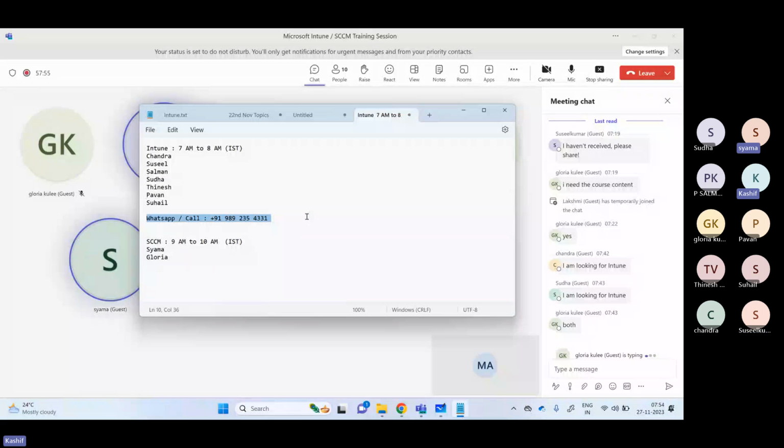From Intune, you can deploy policies and applications to the devices no matter where the devices are located. If the devices are in the US and you are in India, you can create the policy and deploy the application, and the device will receive the application in the US over the internet.